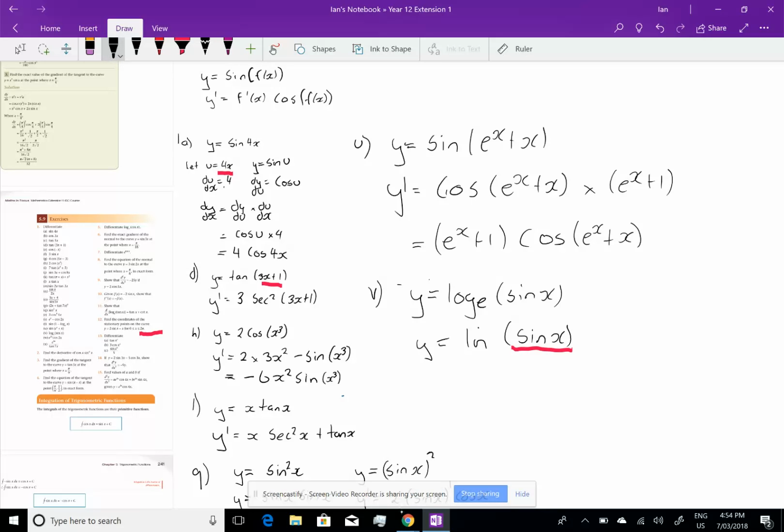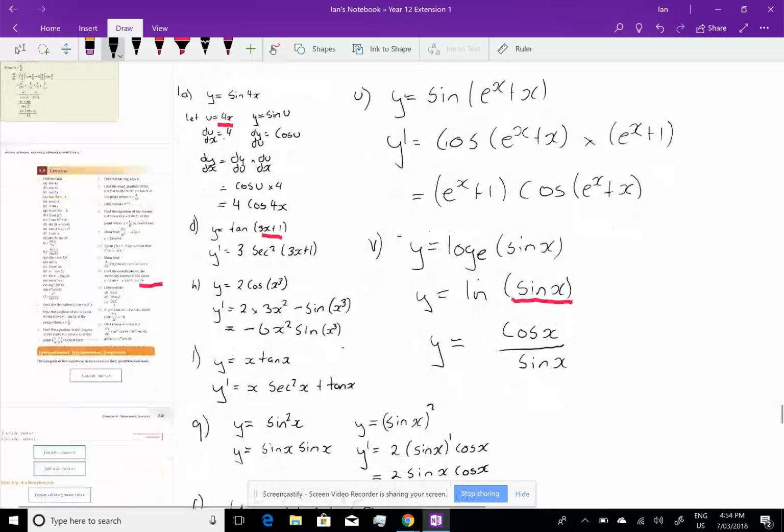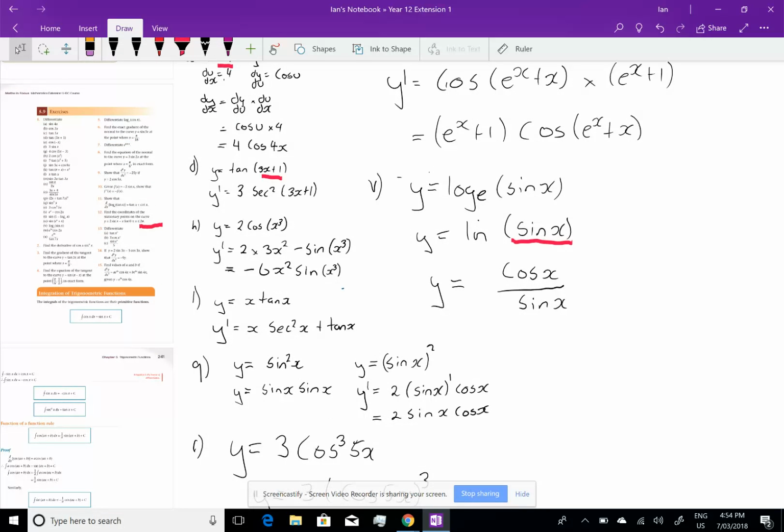So you differentiate it and you get the derivative of the function, which is cos x, over the function itself, sine x. And we know that cos x over sine x is cot x because it's the reciprocal of tan. So we get the derivative there, cot x. Did Margaret write it like that for v? Yep, cos x on sin x.